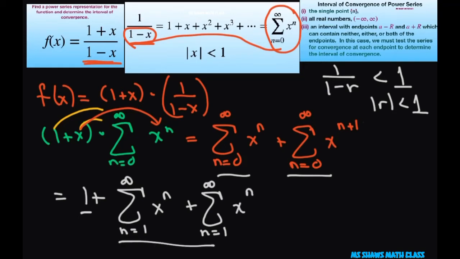So we have two of these, so this equals 1 plus 2 times the sum of n equals 1 to infinity of x to the power of n.